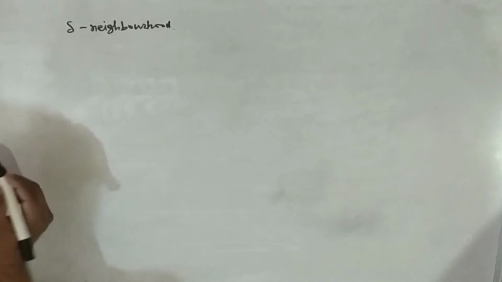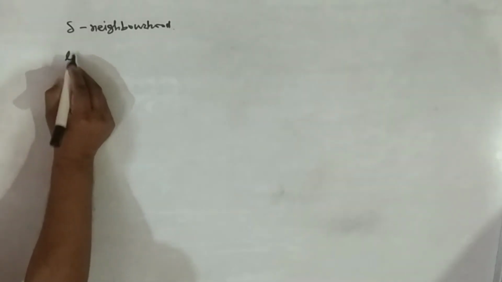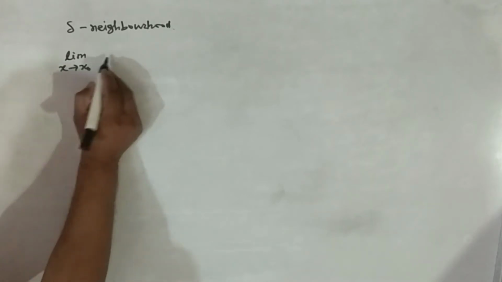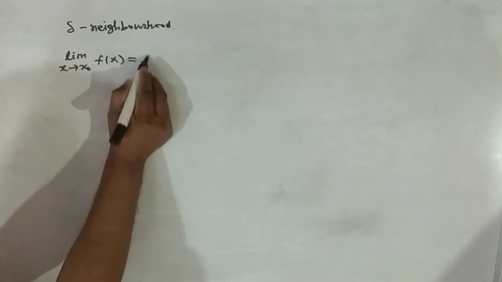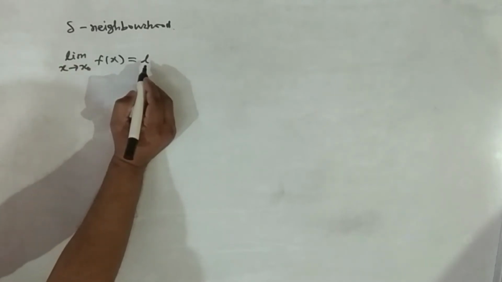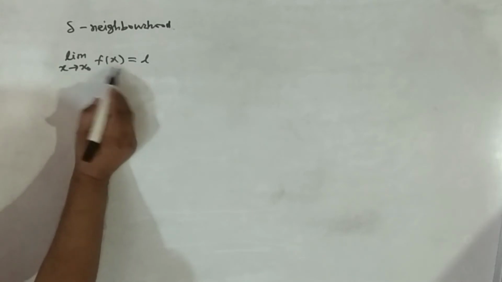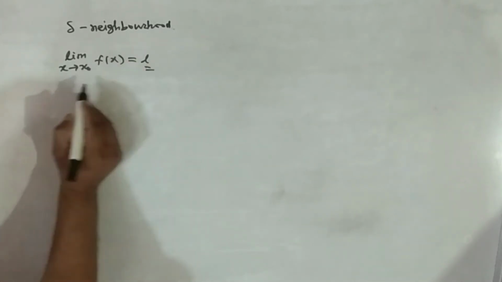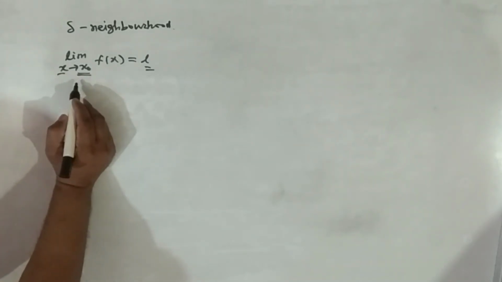As delta gets close to 0, the limit as x tends to x0 of a function f of x is equal to L. We symbolize that L is the limit of f of x as this x tends to x0.